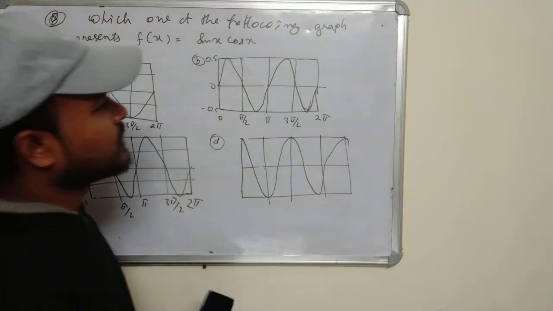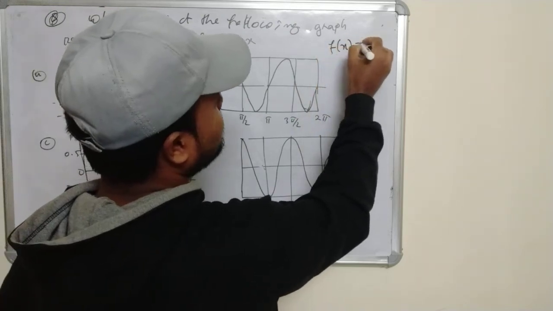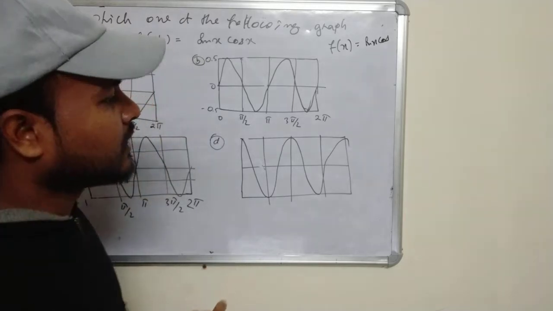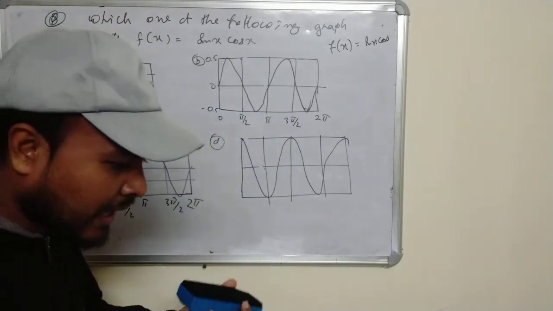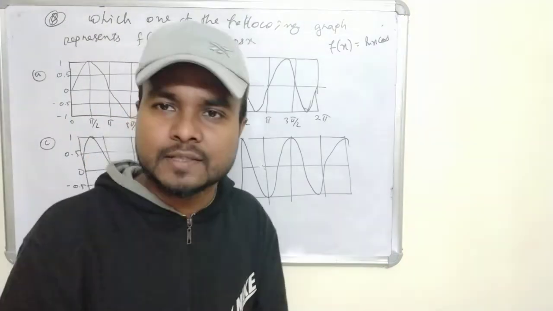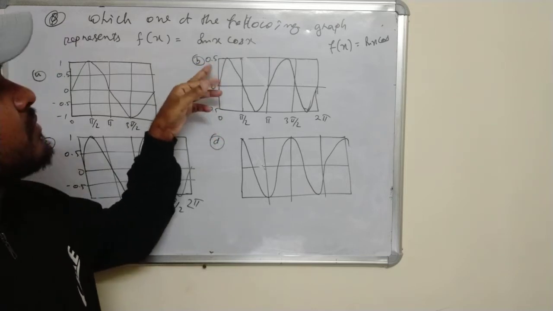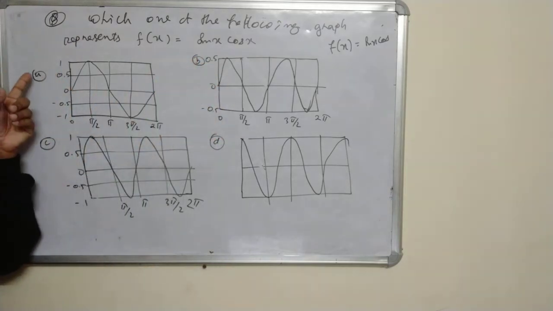Now see, what is given is f(x) equal to sin x into cos x. All the options are given either as a single sin x or a cos x, but the domains are different. The maximum value here is 0.5, and here the maximum will be 1.